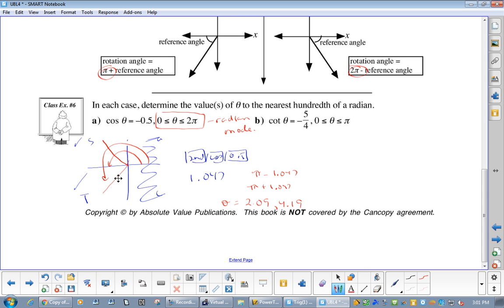Okay, now when does cotan theta equal negative 5 over 4? Okay, so the first thing we have to do is ask, when is it negative? Two and 4?